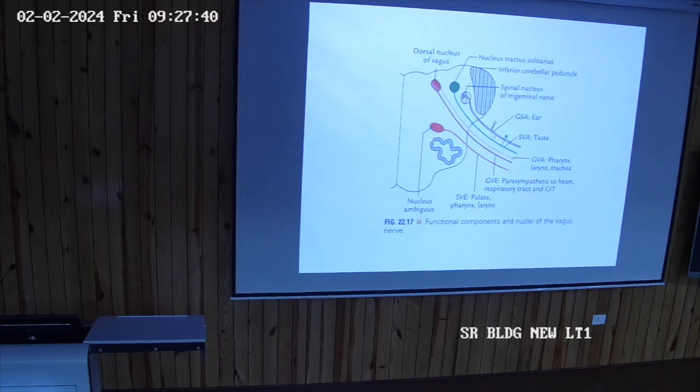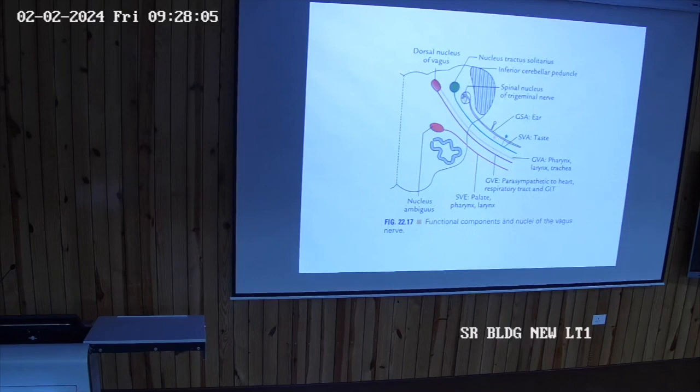Second, the general visceral efferent fibers. The general visceral efferent fibers come from the dorsal nucleus of vagus, and these fibers supply parasympathetic fibers to the heart, the bronchial tree, and part of the GIT.